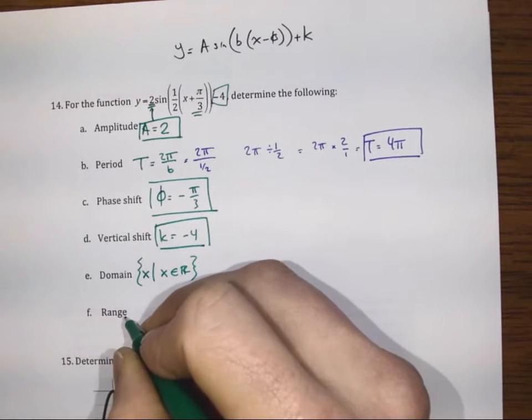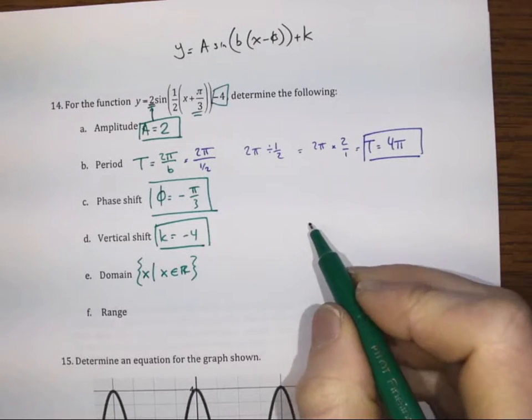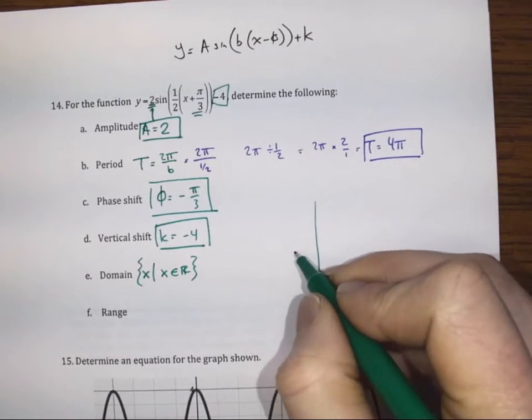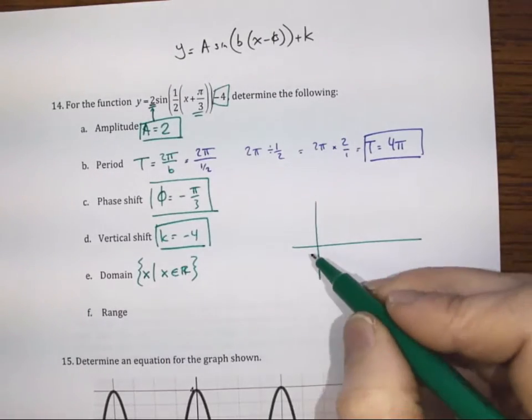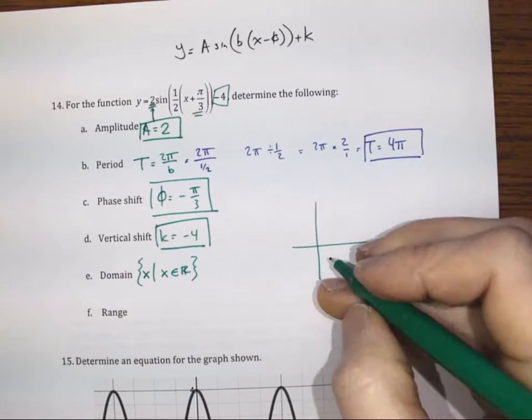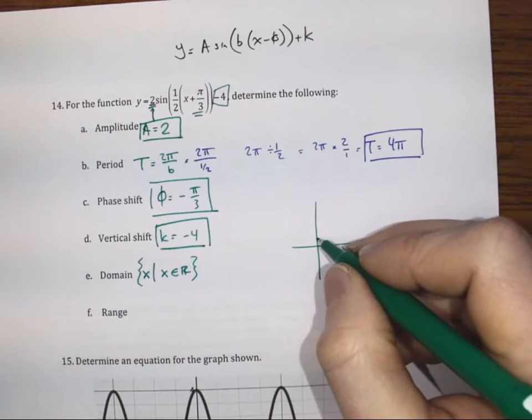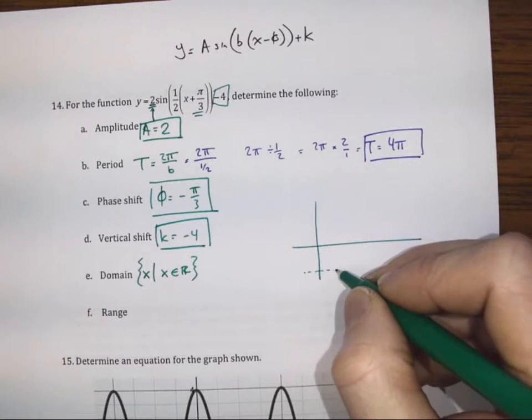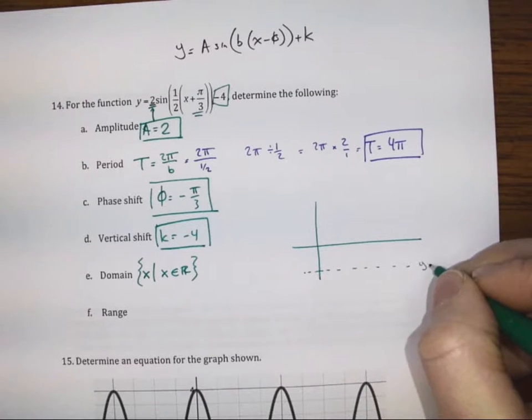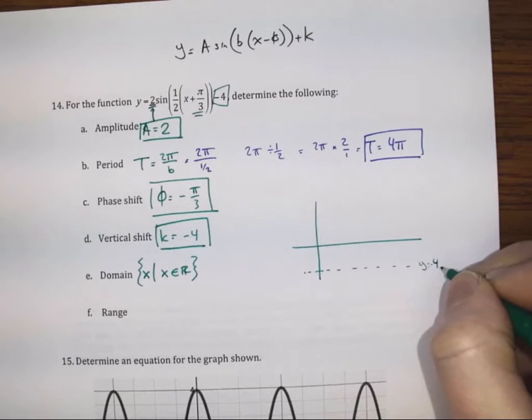Now, if you picture this graph, it's going to look something like this, where it's got an amplitude of 2, but it's been shifted down 4. So it's going to have a midline, y equals negative 4.